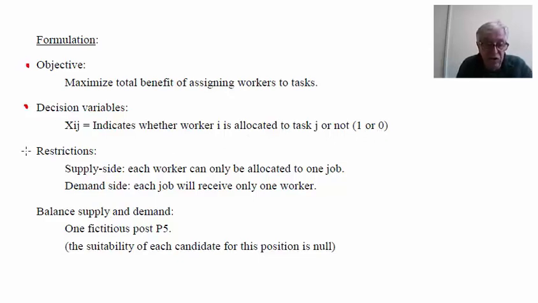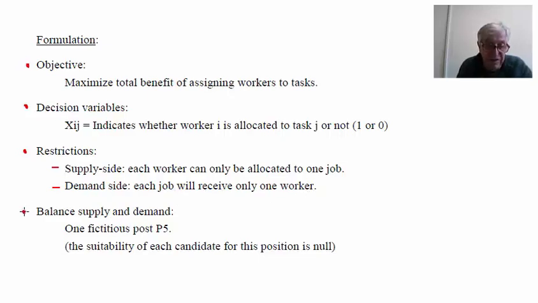And then the restrictions. As in the transportation problem, we have to deal with the supply side and with the demand side. In the supply side, we must ensure that each worker can only be allocated to one job. In the demand side, each job will receive only one worker.